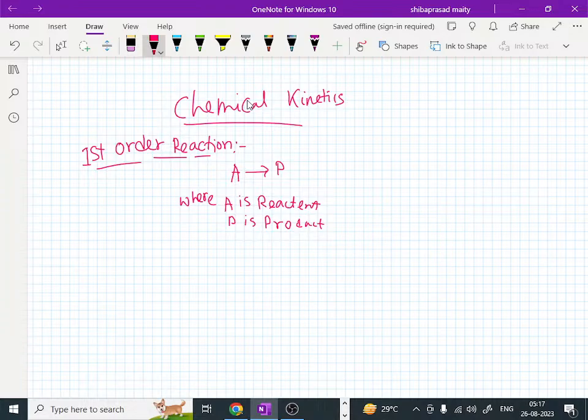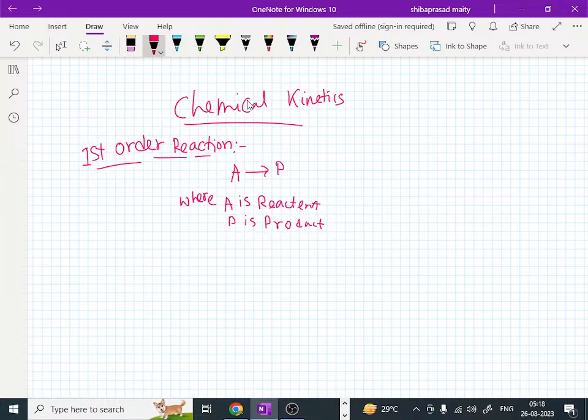After that we have to calculate the question, but before that we have to consider the concept of how to apply those questions. That's why the concepts must be clear.